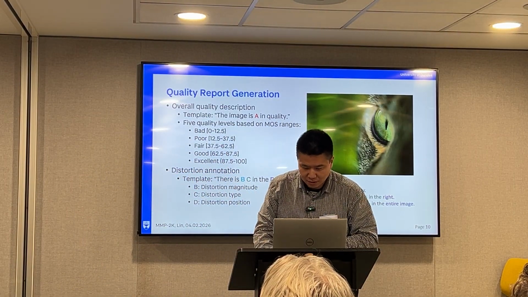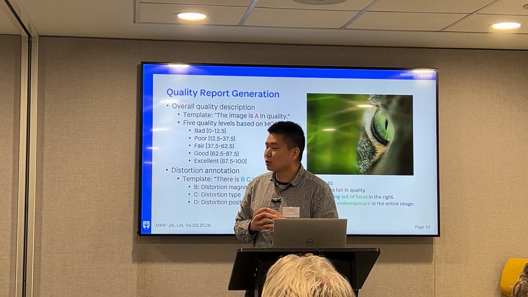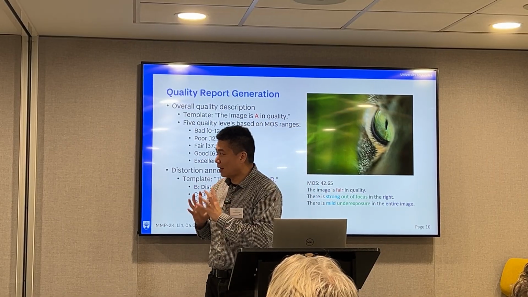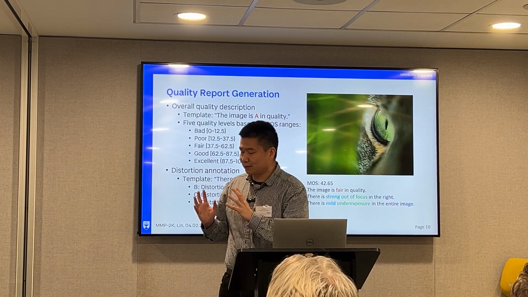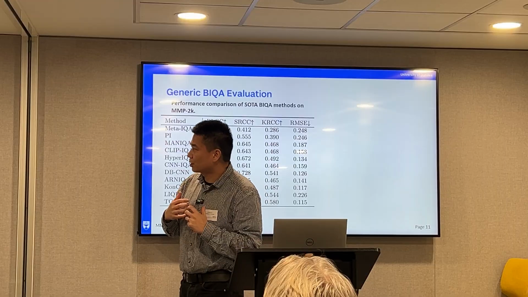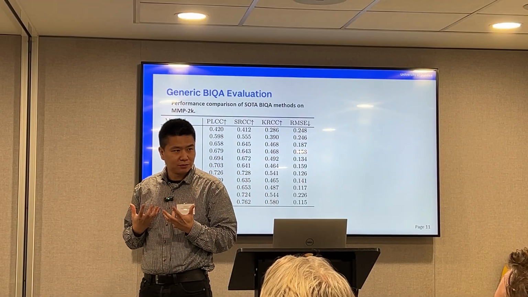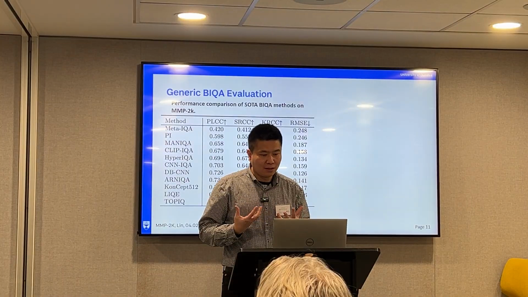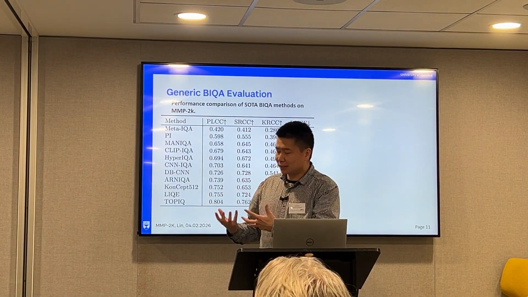So once we have this, we also want to check our hypothesis: the generic blind IQA, how does it work? So this is what we did. We just use the pre-trained, state-of-the-art blind IQA models and test on our dataset.